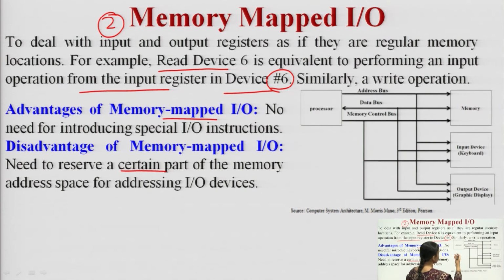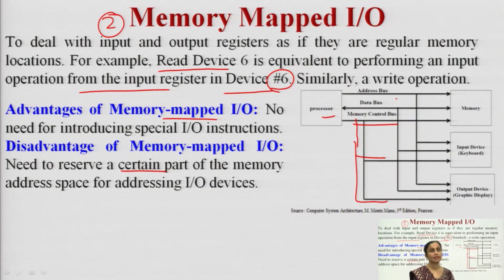This diagram shows our processor and the three buses that I have discussed: address bus, data bus and control bus. We can see the control signals are common for our input device, our output device and our memory. So, there is an advantage: no need of introducing separate IO instructions for every device, which was needed in case of IO mapped.